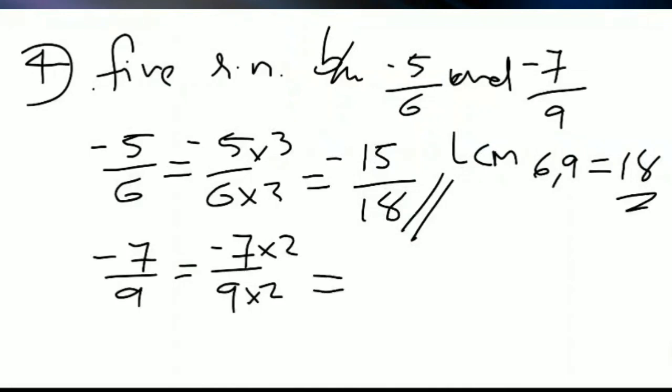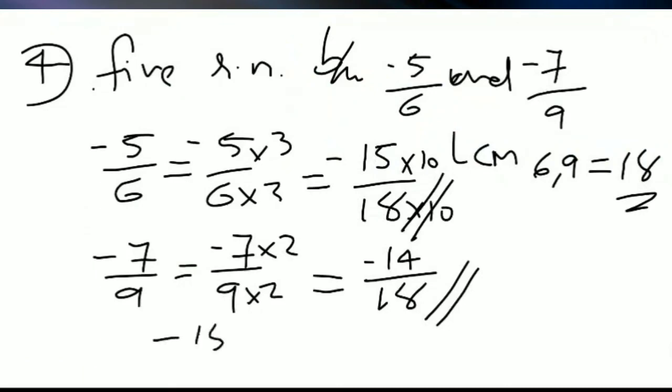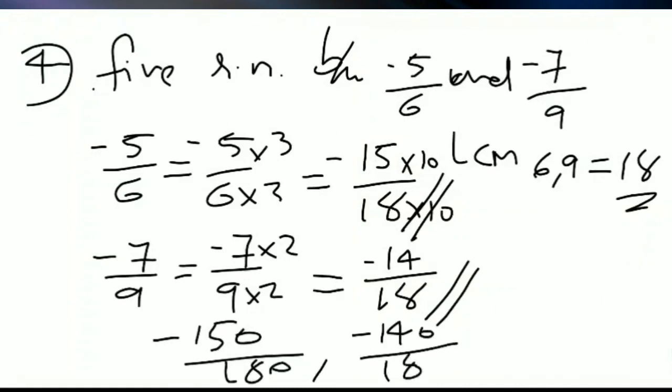So we get −14/18. Now we have to write any 5 rational numbers between these two, so it is better to multiply upside and downside by 10. We get −150/180 and −140/180.